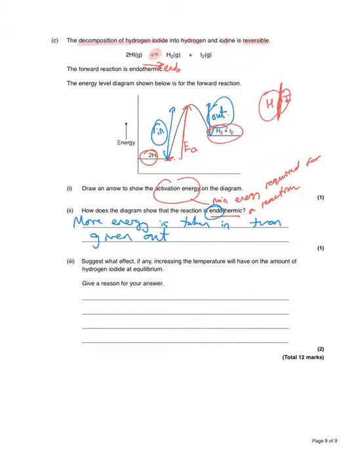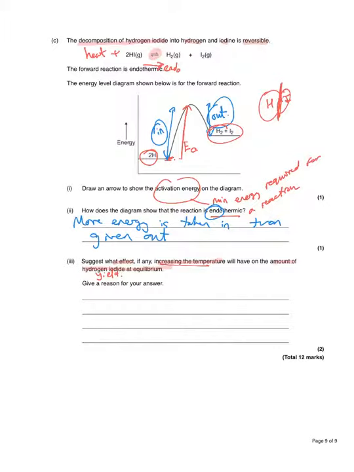Finally, last question. We've kind of had this one again before. Suggest what effect increasing the temperature will have on the amount of hydrogen iodide. So the amount is talking about the yield. So if I increase the temperature, well, it's endothermic, which means more heat is actually going in at the start. Okay?